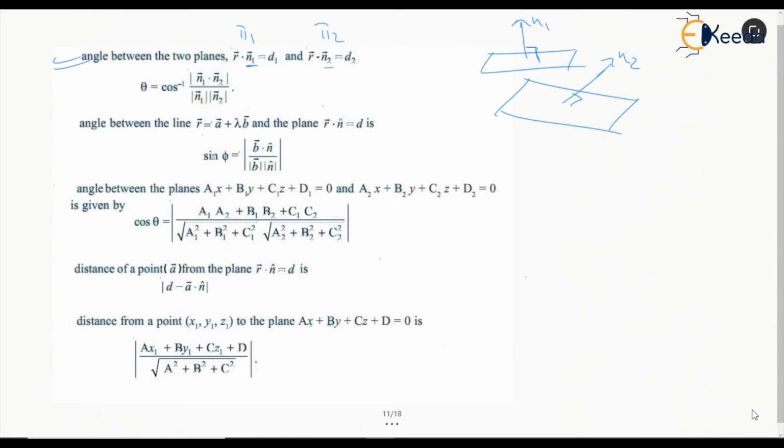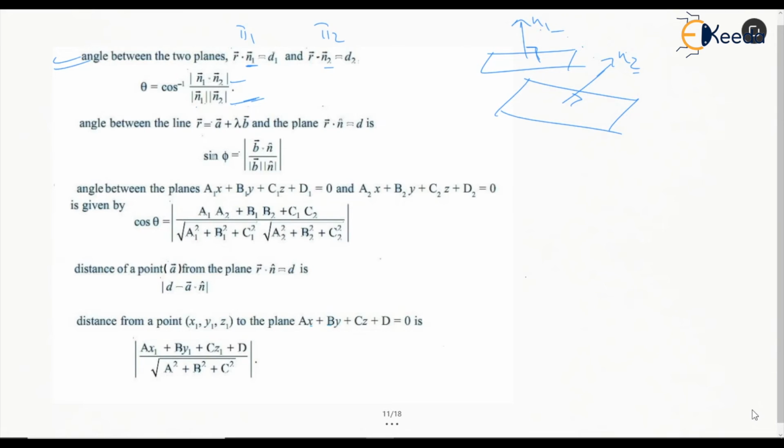So whatever angle these planes are making will be the same as the angle made by the normal vectors n1 and n2. So what we can do is simply take the dot product divided by the magnitudes. Of course, if they are unit vectors, the magnitudes of n1 and n2 are going to be 1. So this will be the answer.